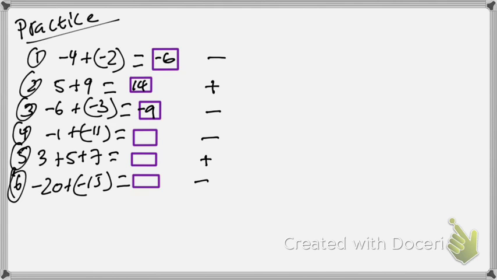Then 1 plus 11 is 12, but they're both negative, so you gotta put a negative. Number 5, they're all positive, so you know you should get a positive number. Just do 3 plus 5 is 8, plus 7 is 15. Last one, negative 20 plus negative 15. Just do 20 plus 15 is 35, but do not forget to put the negative in front, since they're both negative.